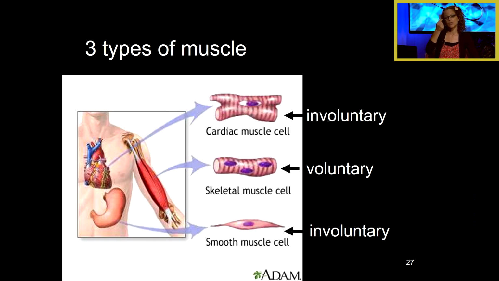Actually in our esophagus, when I chew up a bolus of food and I swallow it, I don't make the muscles in my esophagus push that food down. My involuntary muscles do that. So peristalsis happens all throughout our GI tract by the use of these smooth muscles that we do not voluntarily control, okay? So that's the difference between the three different types of muscle.